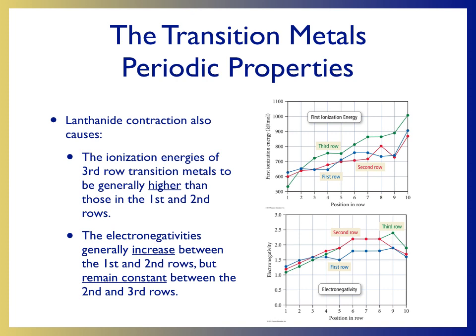However, the electronegativity remains about constant between the second and third rows. Again, this is due to the less of an ability for f and d electrons to shield the outermost electrons from the effects of the nucleus, resulting in slightly higher effective nuclear charges.